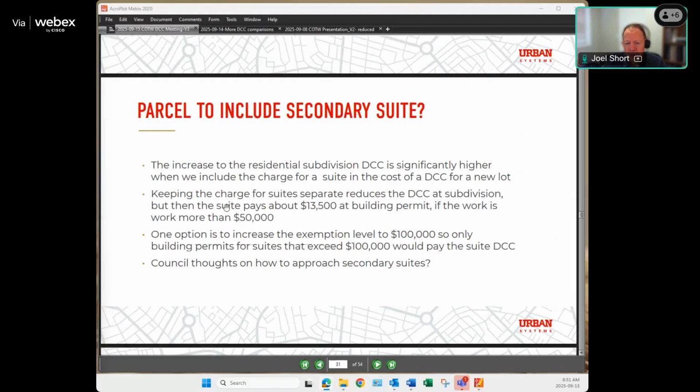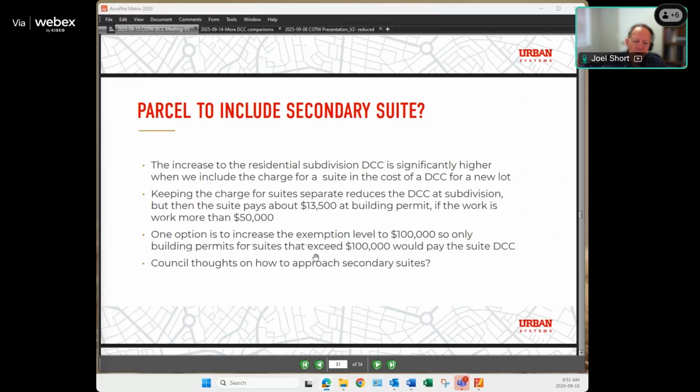So keeping that charge for the suites separate reduces it. You pay less at subdivision if you say, we're not going to include a suite. When you come forward with a suite, you have to pay an extra DCC, about $13,500 at building permit if the work is more than $50,000.